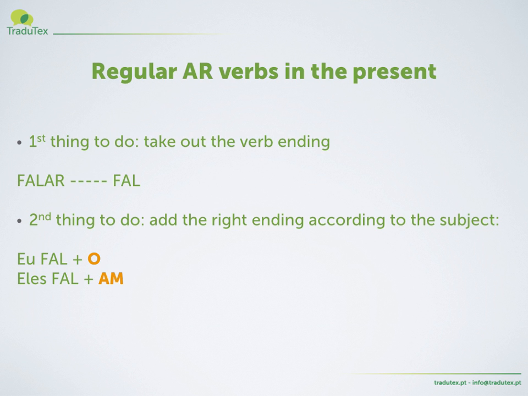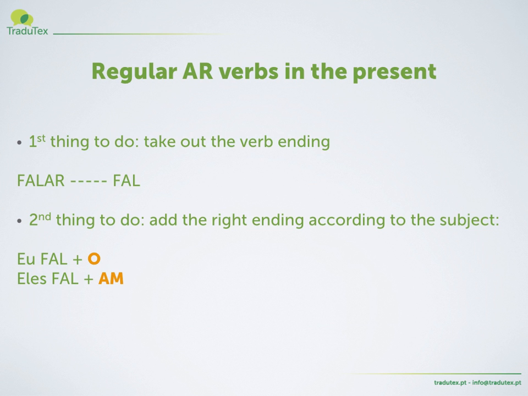So let's see this rule, how to make this conjugation of regular AR verbs in the present. So first thing to do, we have to take out the verb ending. So we have the verb falar, and we take out the AR, so we get these first three letters, F-A-L.